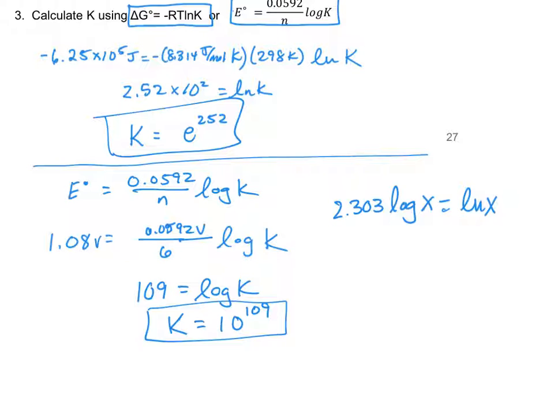So these are off by that factor, 2.303. Okay. So you do get the same answers. Both are too large to actually calculate.